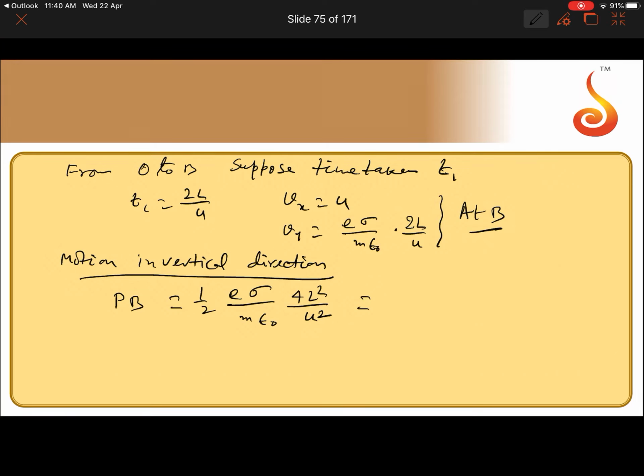So this will be 2 e sigma L square by m epsilon naught u square.